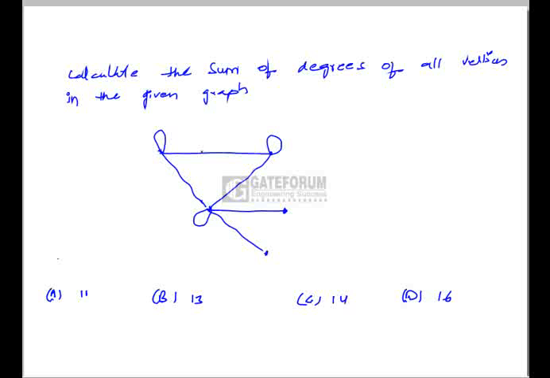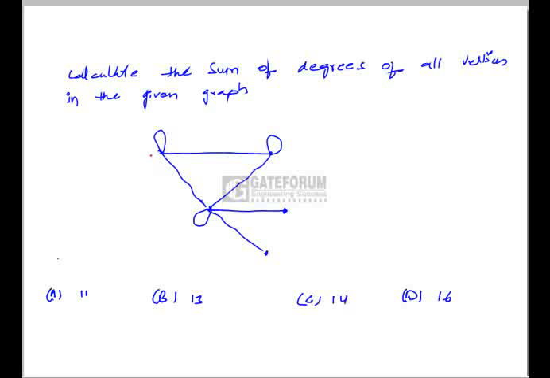Here a graph is given and we have to find the sum of degrees of all the vertices. If we observe the graph, there are self loops on certain vertices. Whenever there is a self loop, we have to count it twice while calculating the degree of that particular vertex.